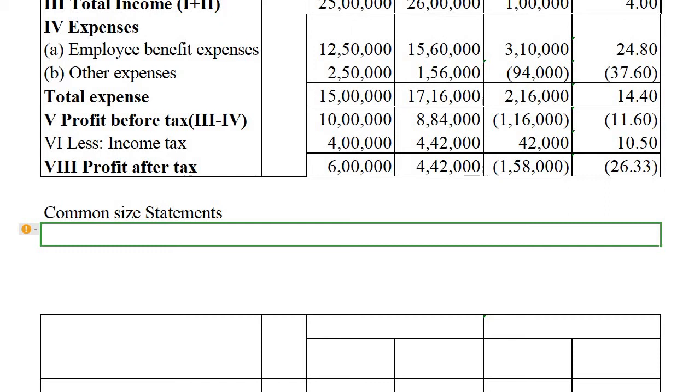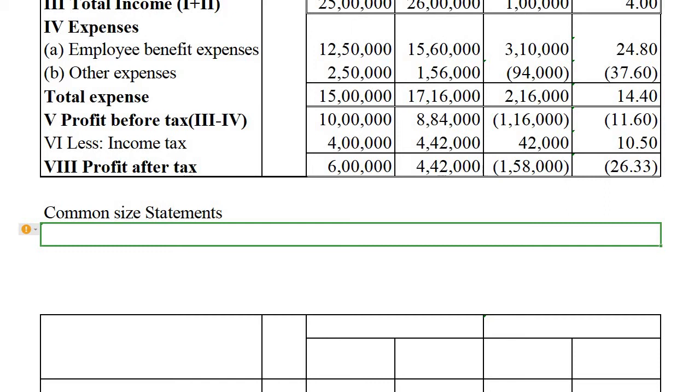One year's profit and loss account or balance sheet will be analyzed. That means either the different items in the balance sheet will be analyzed, or the different items in the profit and loss account will be analyzed. In the case of a common size statement, we will find out the absolute change as well as the percentage change.